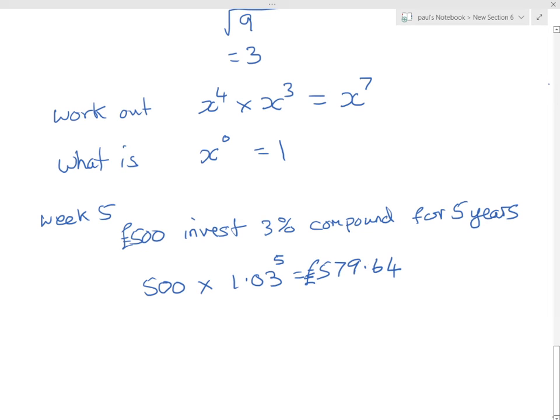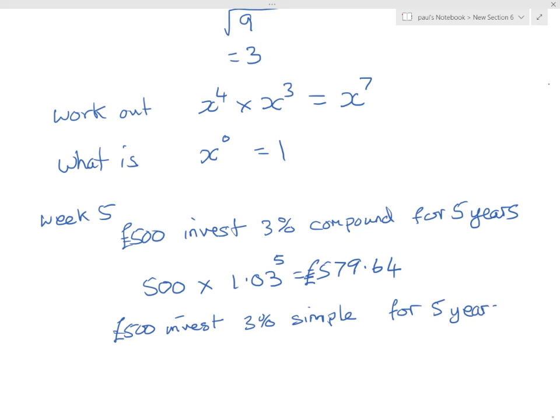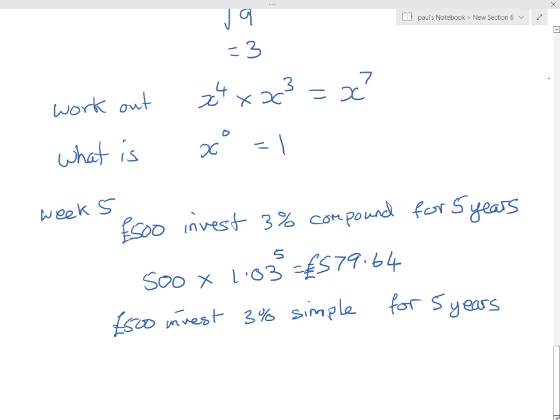Now, imagine we do the same thing, £500, invest at 3%. This time, simple interest for 5 years. I'd forgotten the word interest, but I'll say it, interest, so we know what we're doing.